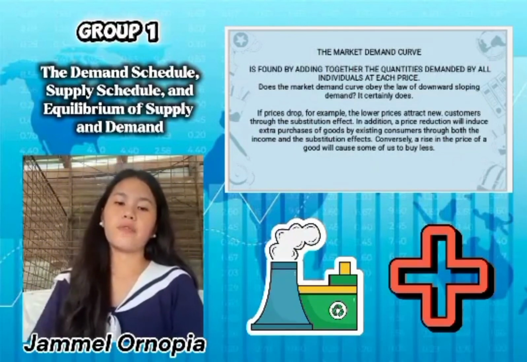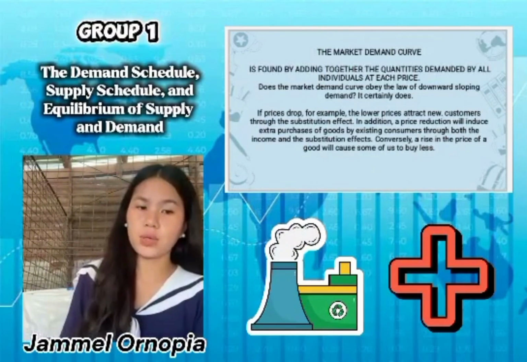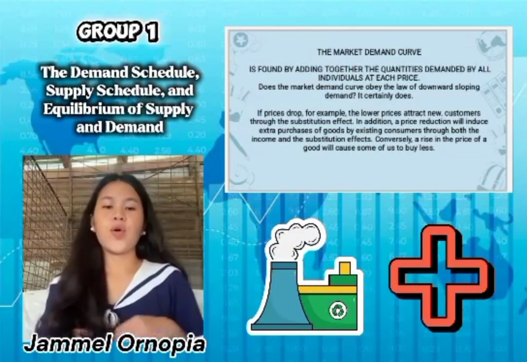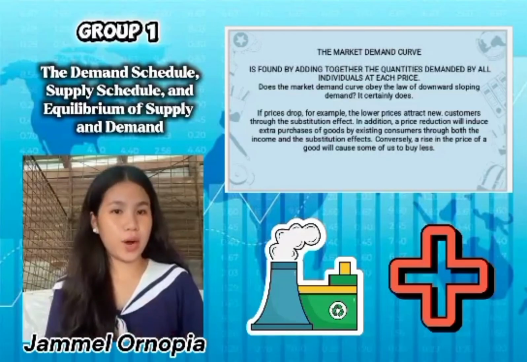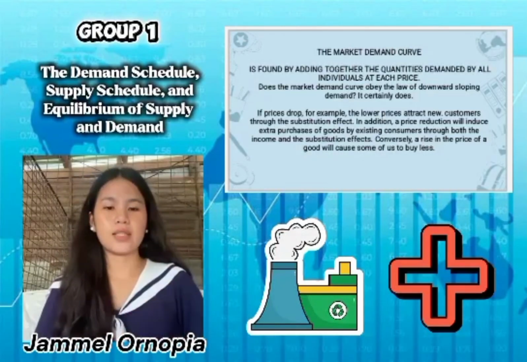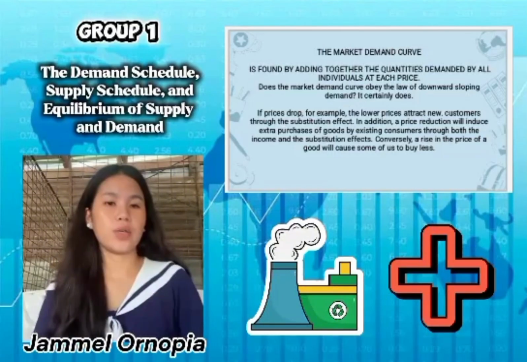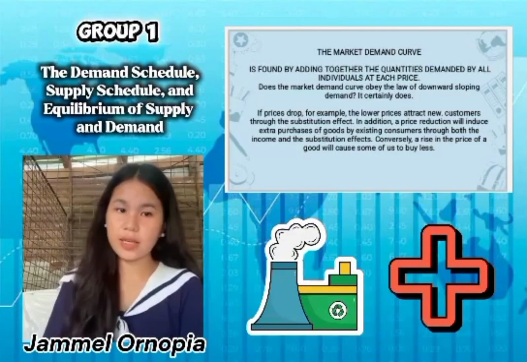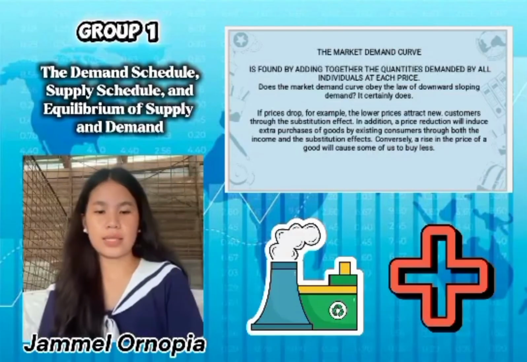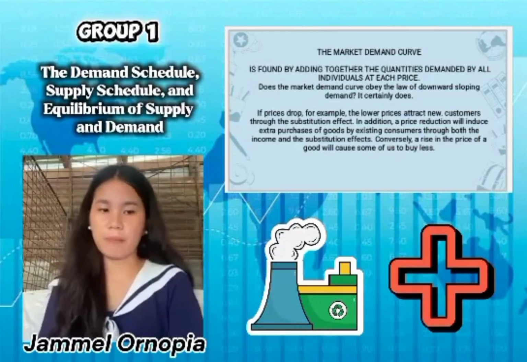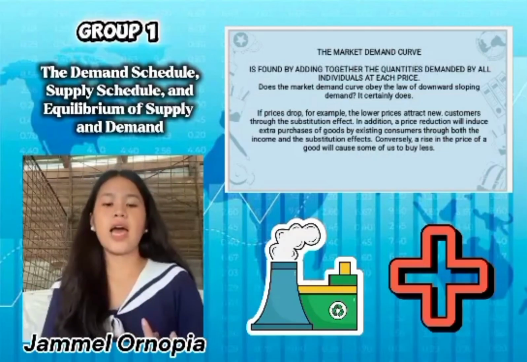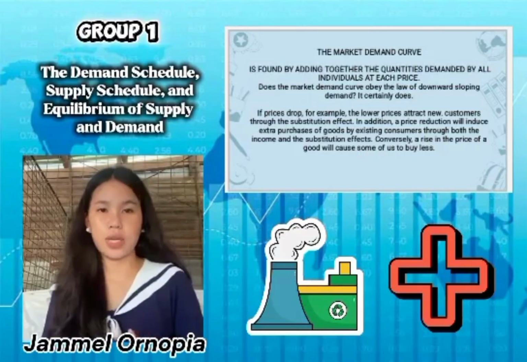The law of downward sloping demand, also known simply as the law of demand, says that when the price of a good or service increases, people buy less of it. And when the price decreases, people buy more of it. This happens as long as other factors remain the same, meaning people's income, taste, and prices of other goods do not change.